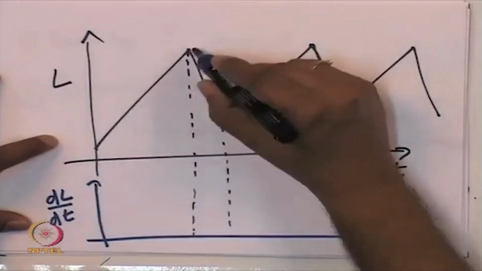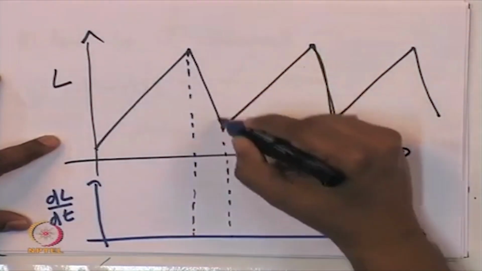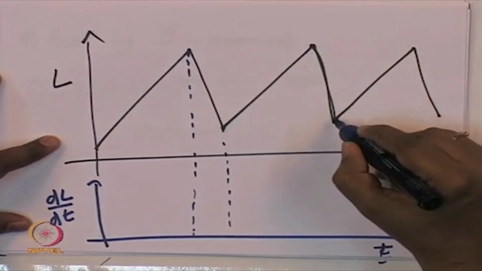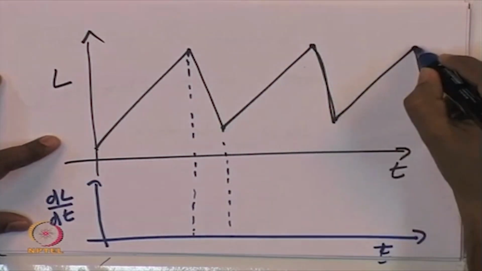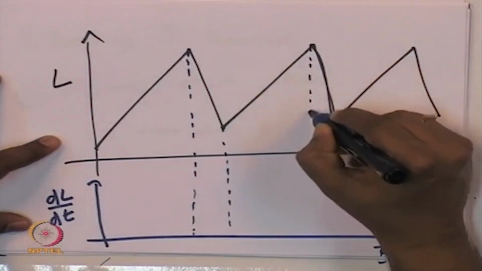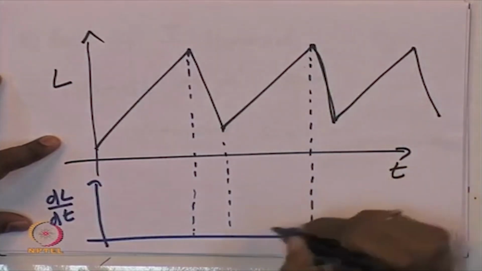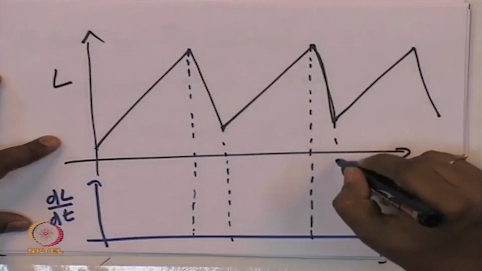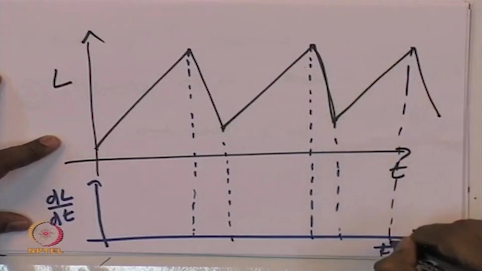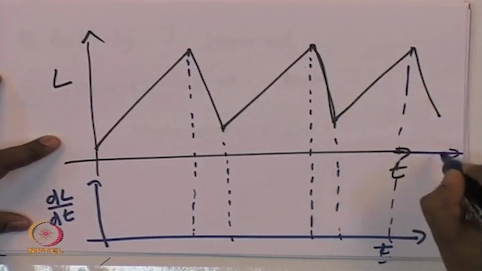Till here it is one line, then suddenly the slope changes to a different line, then another line, the slope changes, increasing, decreasing. These are the points where the slope changes.